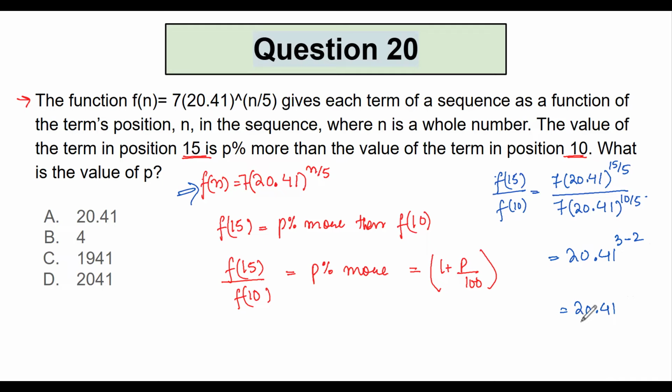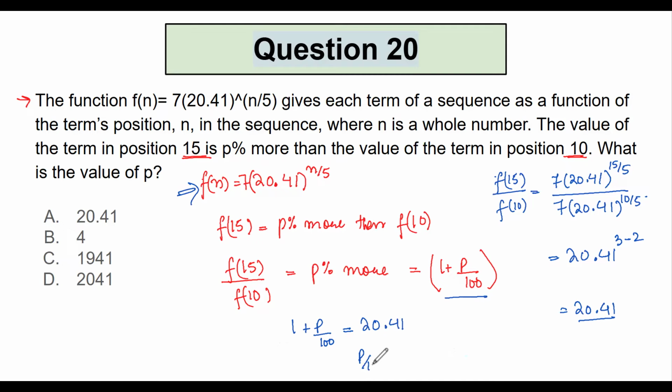Power 1 is the same. Now this is what is 1 plus p over 100. So 1 plus p over 100 is equal to 20.41. Okay, sorry, p over 100 is what we have here, okay?